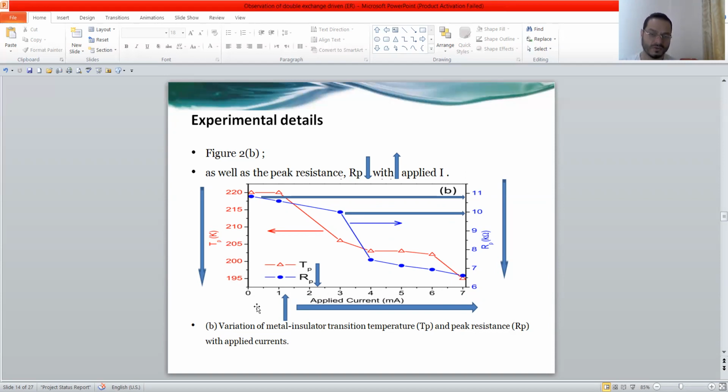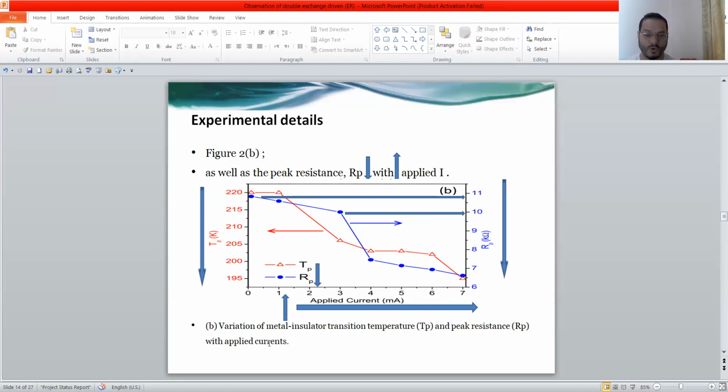At 0, it is approximately 11. At 2, it is less than 11. At 3, it is 10. What does that mean? It means the peak resistance is decreasing with increasing current.